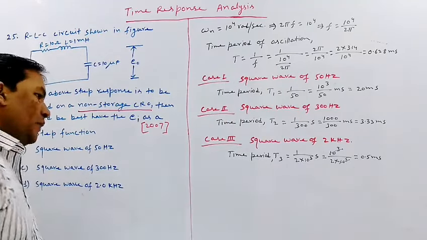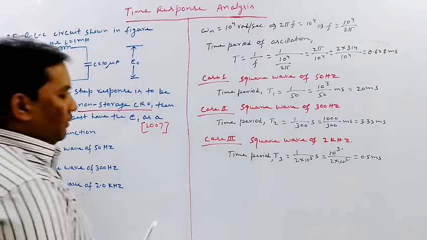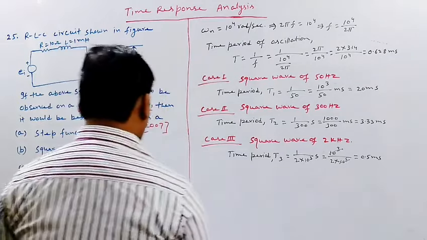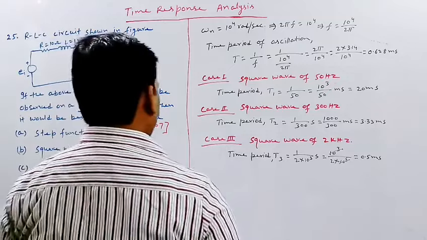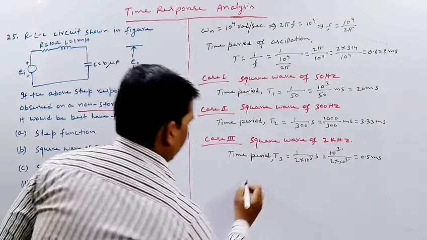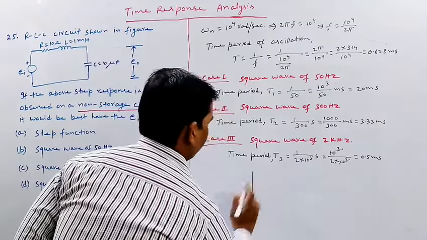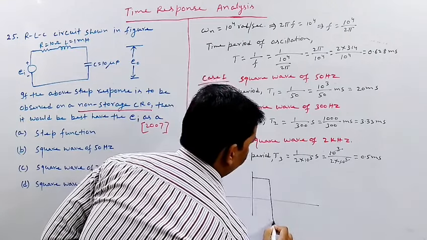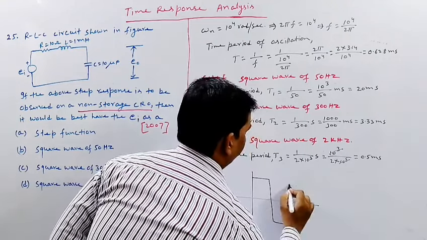Now, if we draw the square wave here, then it will be like this.